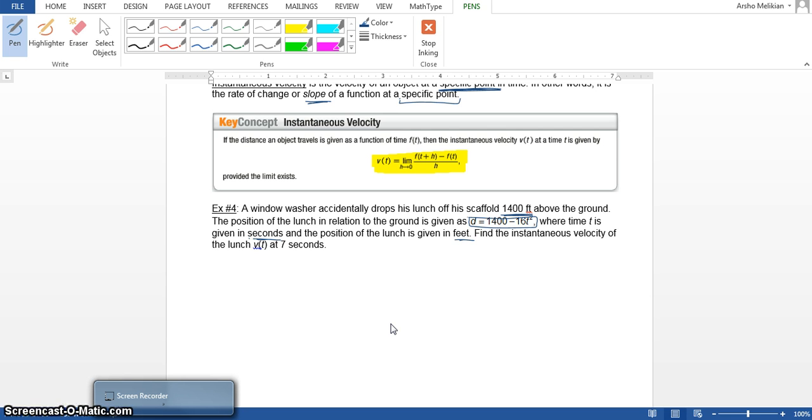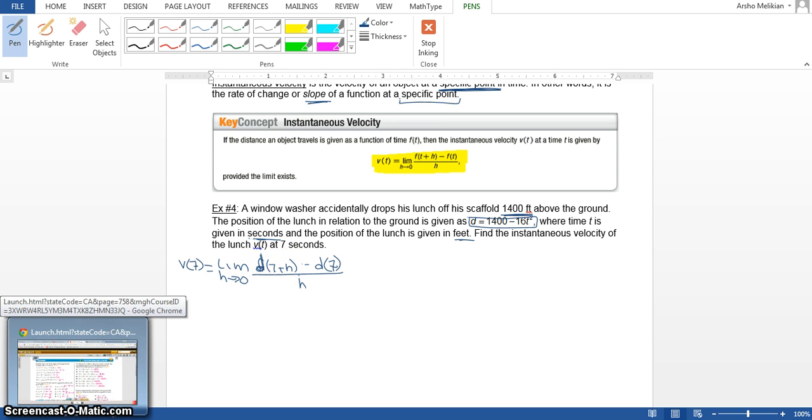So what we need to find is v of 7. Okay? So t is 7. What we're going to do is use this formula. The limit as h approaches 0 of d of 7 plus h minus d of 7 over h.